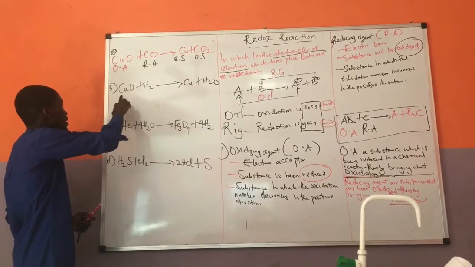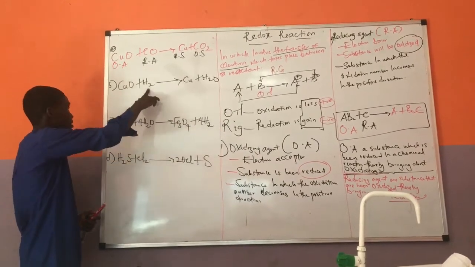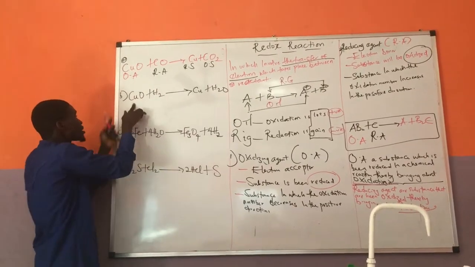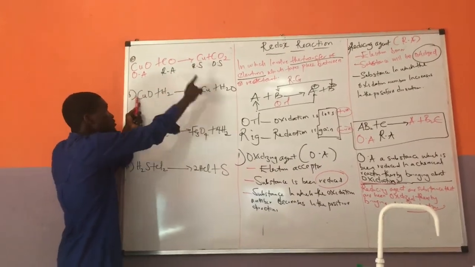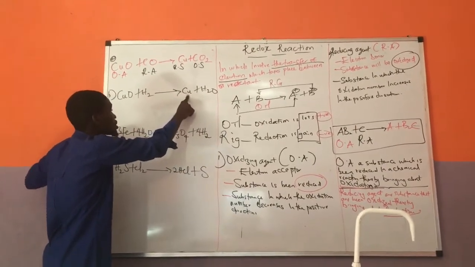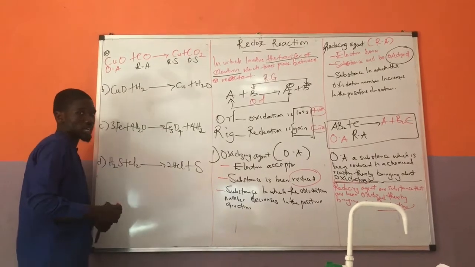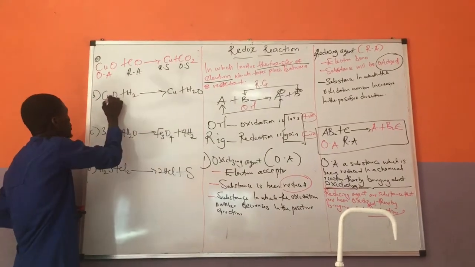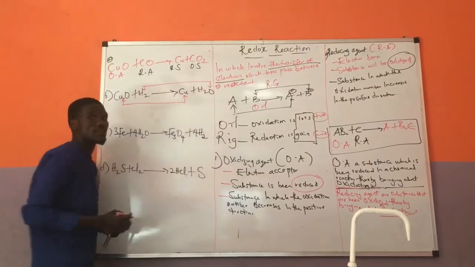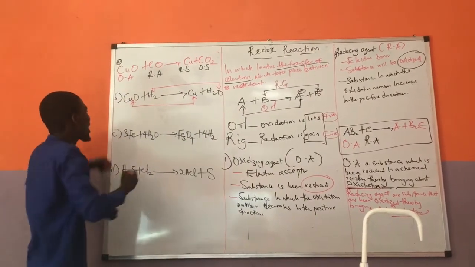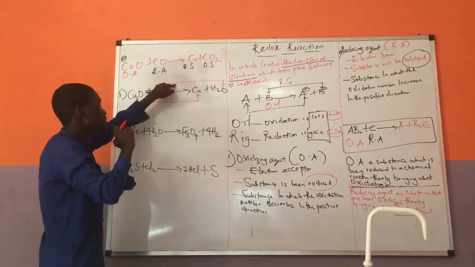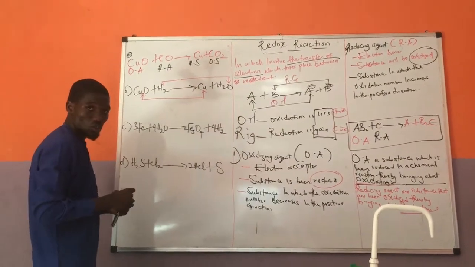Also, you have the same thing here: copper 2 oxide plus hydrogen gas. When this copper 2 oxide is being reduced, we are having what here? Copper. So, if you use this arrow in this form and this in this form, this will act as my reduction, while this will act as my oxidation.